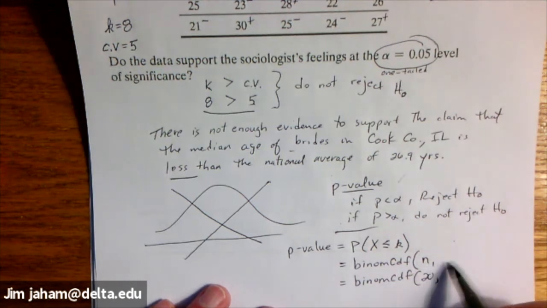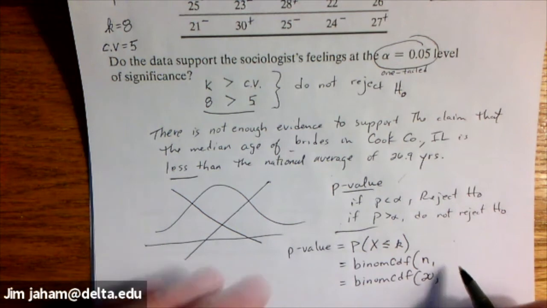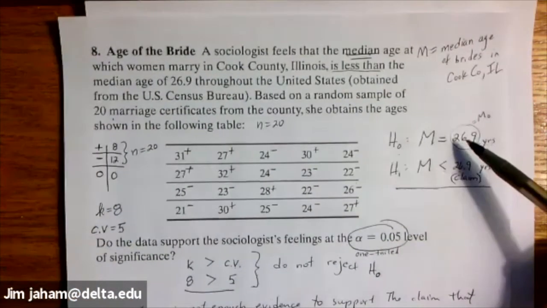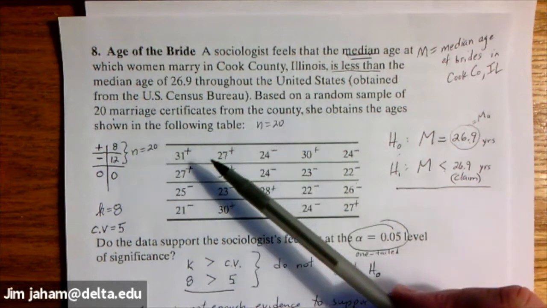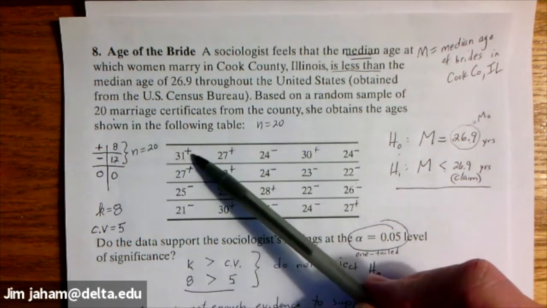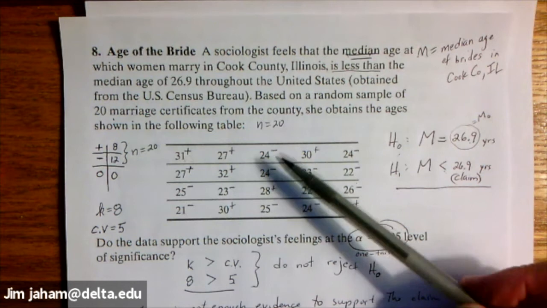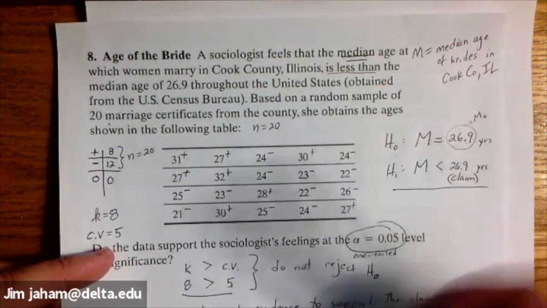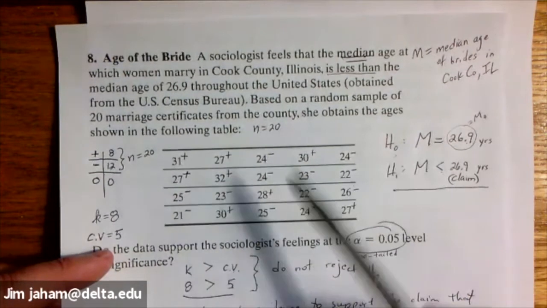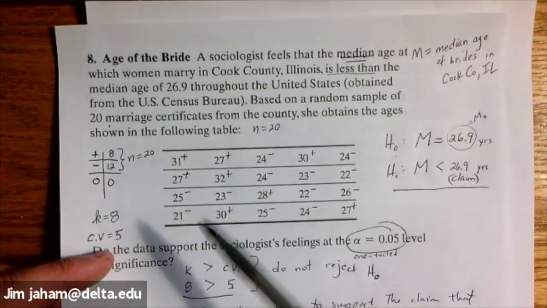Then the probability of a data value, well, if this is true, if the median really is 26.9, then we're going to have the same number of data values above with plus signs as with minus signs. Because if the median is this, then what we should see, if there's 20 values here, we should see 10 values above 26.9 and 10 values below.